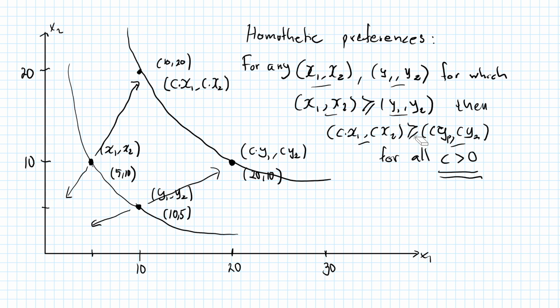You can use the indifference relation or the weak preference relation. It makes no difference. The definitions are exactly the same. However, I think it's easier to understand the definition when it's described in terms of indifferences instead of in terms of weak preferences. It makes the graph much easier to draw and to understand.